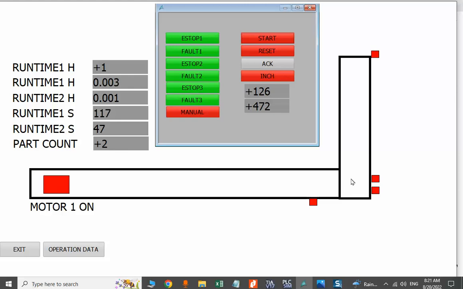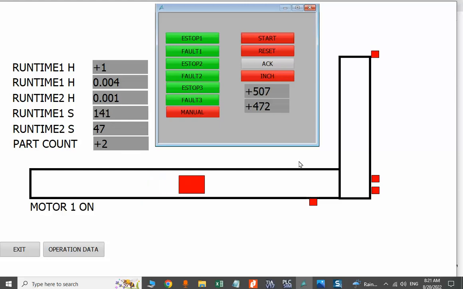So again, same cycle. I want to put this system in manual, and by pressing inching, move motor 1, and then remove the manual and start again, and the system is working as intended.